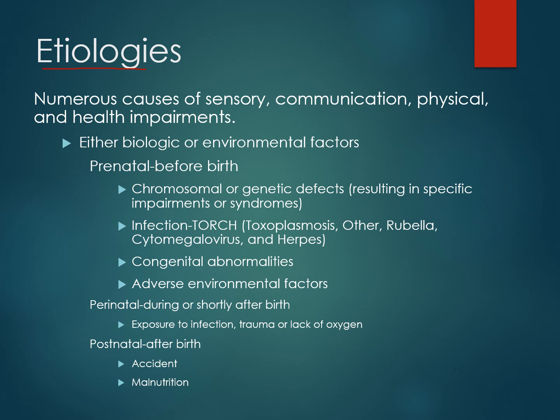Often you'll find that there are biological or environmental factors that have caused some of these impairments. Part of the developmental history that the parent would provide would let us know that if the student developed this impairment prenatal, before birth, something was happening while the fetus was developing.